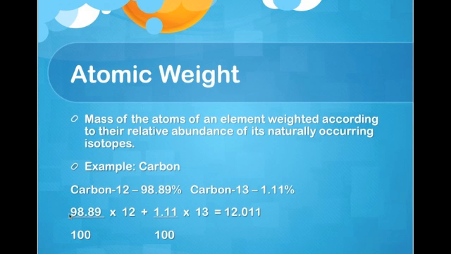So we take the percentage of abundance of carbon-12 over 100, because it's a percentage, times it by 12, and then you're adding that to the percentage of carbon-13 times the 13, and that's giving you the relative mass. So that's why all the masses on the periodic table are in decimal form. To make it easy for you guys, we get rid of these decimals and we just say that the mass of carbon is 12 when we do our calculations. But it's just a bit of info to show you where that number comes from.